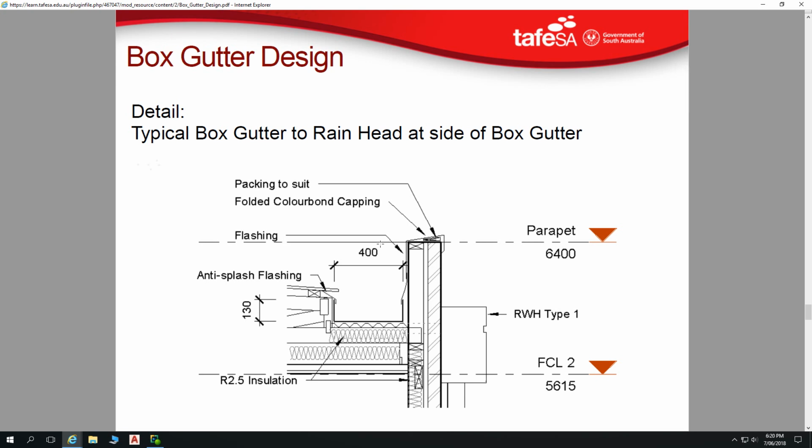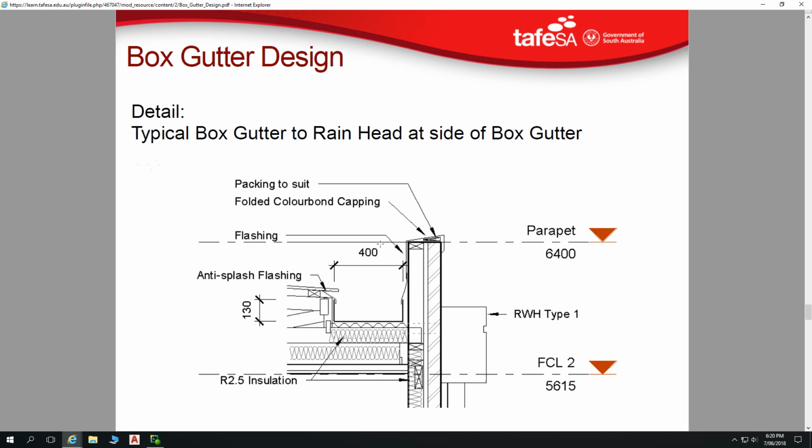In this scenario, we've got a roof truss which is designed to take that box gutter, and that's a typical sort of detail that you get within any sort of residential parapet wall scenario where you're dealing with fairly small spans, and you can utilise timber trusses to make those spans, and then you accommodate a box gutter in the back there. Then our insulation underneath the box gutter, so the insulation to be the same as the rest of the roof insulation.